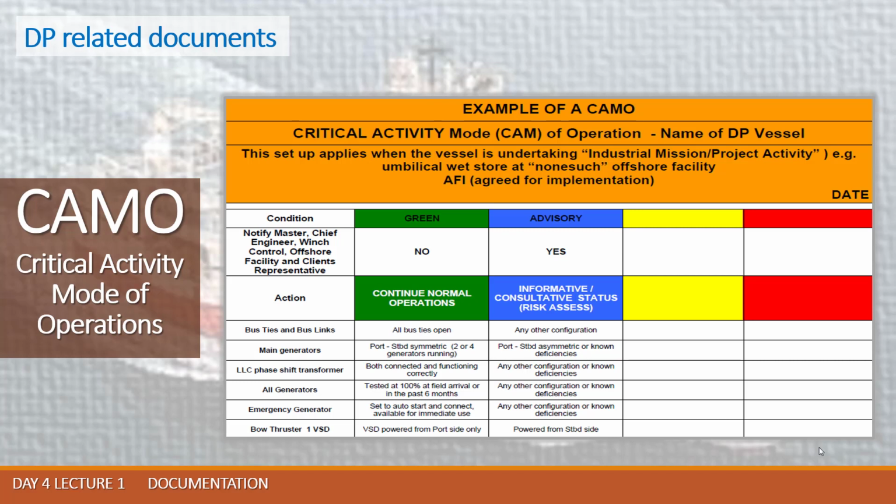That's the main idea of how the CAMO works. It gives us the required set of regulations about the configuration of our equipment to meet the stated level of redundancy for our vessel.